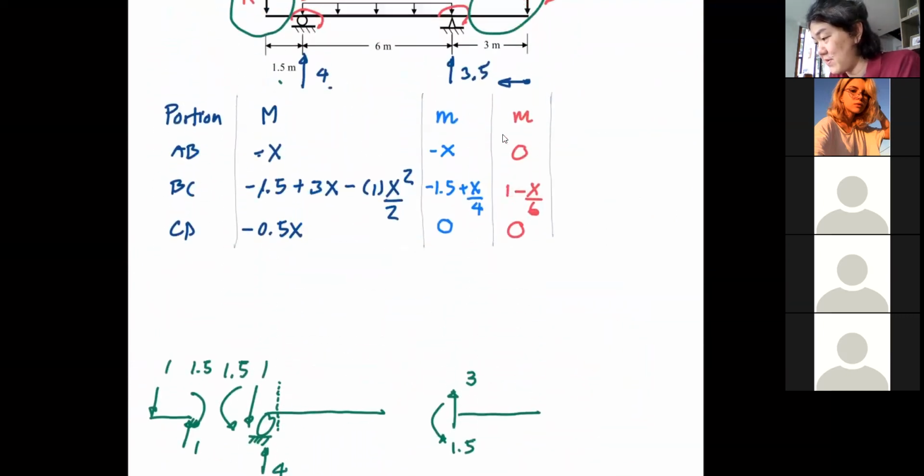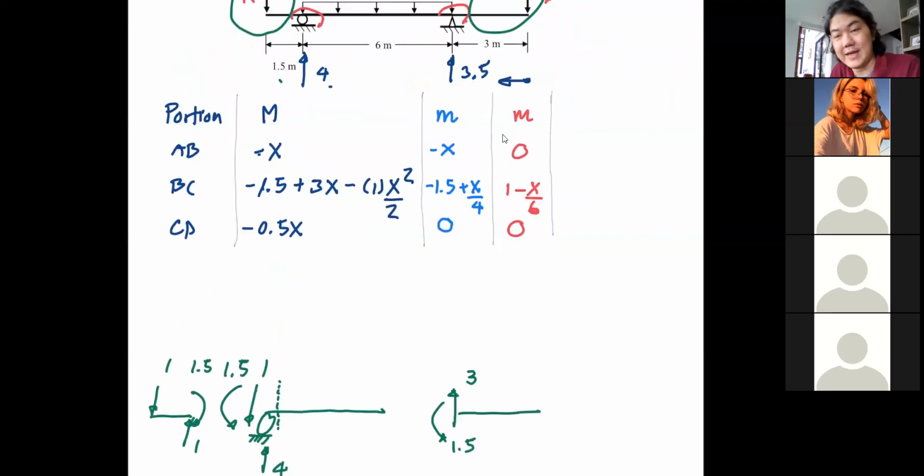Now, because I want you to see more clearly, it's rotation at C. So we are doing the same. But now you know that if I apply the unit moment at C, the cantilever portion no longer affects our calculation at all. So I might as well write only this.